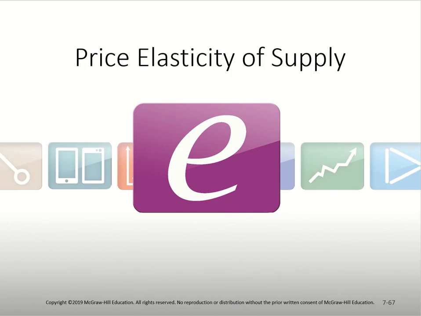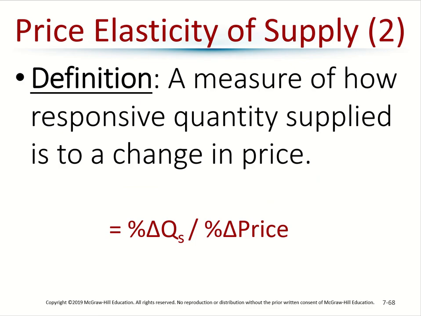All right, so the last section is the price elasticity for supply. Everything we looked at before, we were looking at the quantity demanded for each elasticity. This is our quantity supplied for elasticity. Very similar to our price elasticity for demand. So this measures how much our quantity supplied will change whenever there's a change in price.